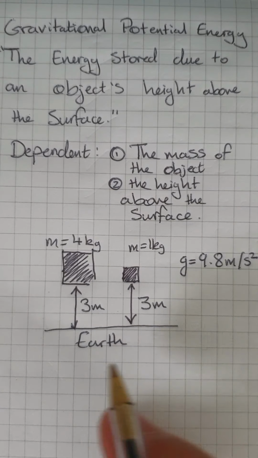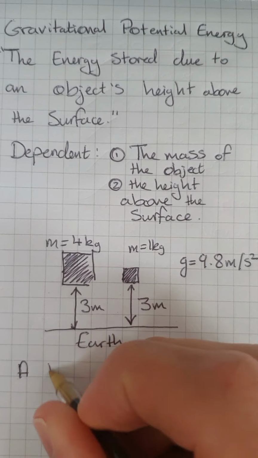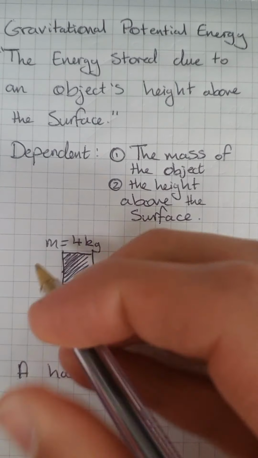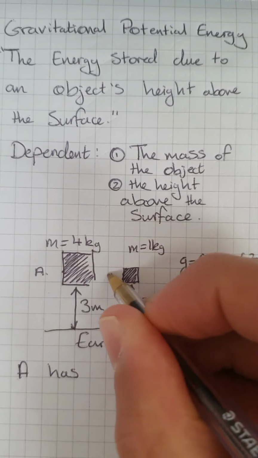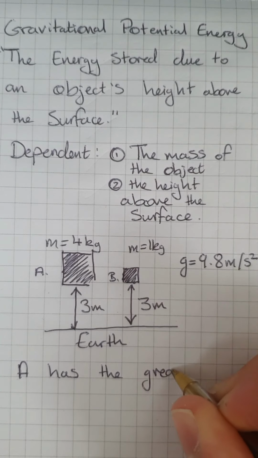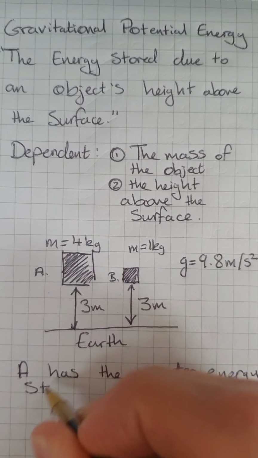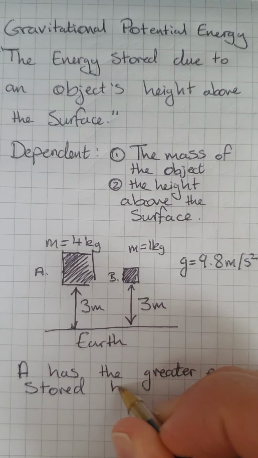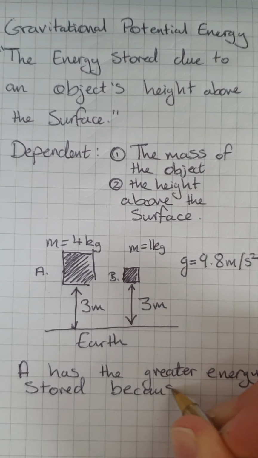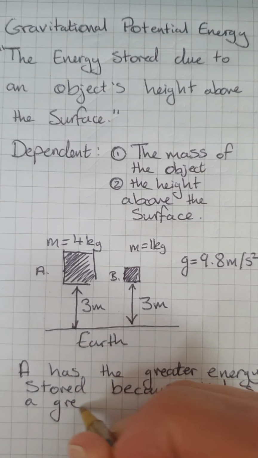It's going to be the object on the left, object A. It has the greater gravitational potential energy because it has a greater mass, despite being at the same height.